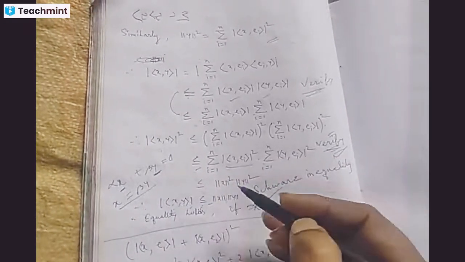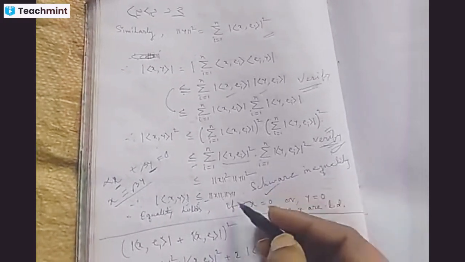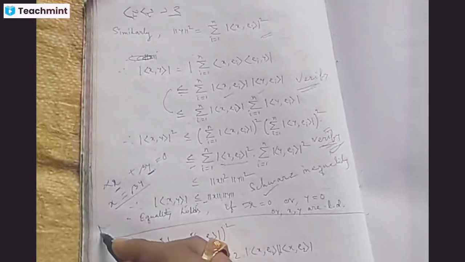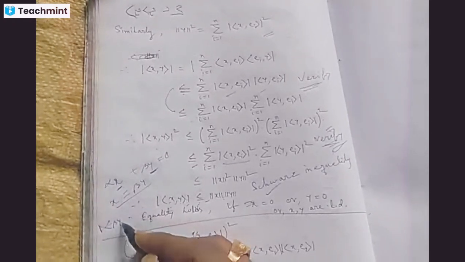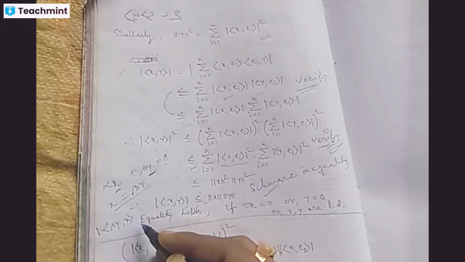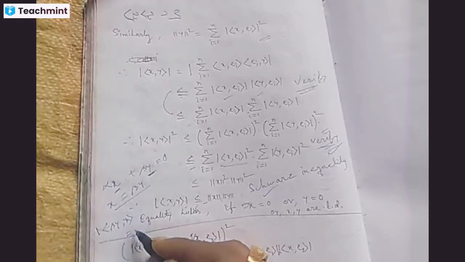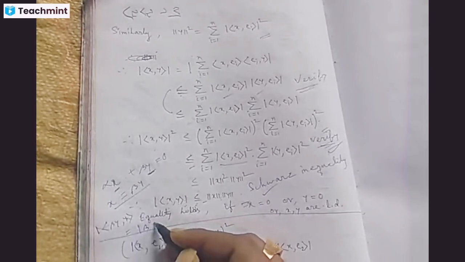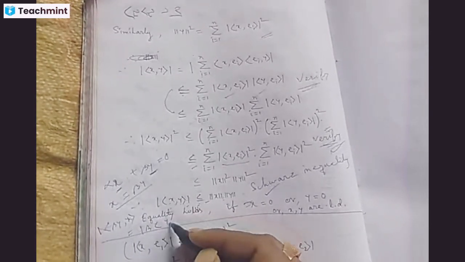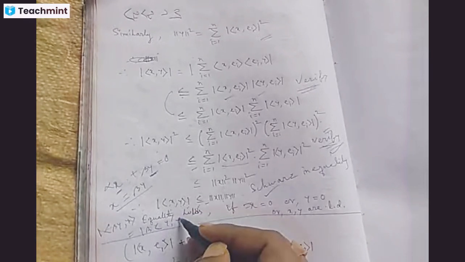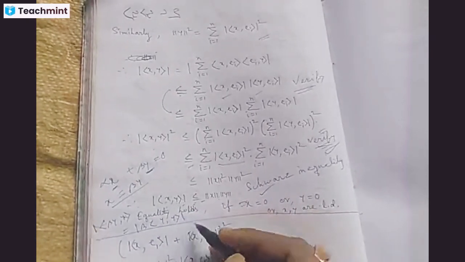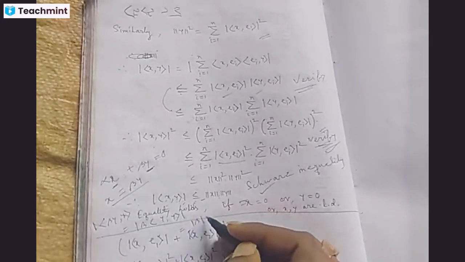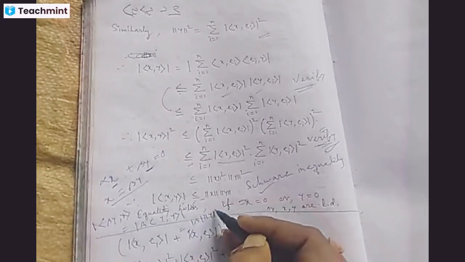The left side will be the modulus of the inner product of beta y and y, which is equal to the modulus of beta times the inner product of y and y, so actually it will be the modulus of beta times the norm of y squared.